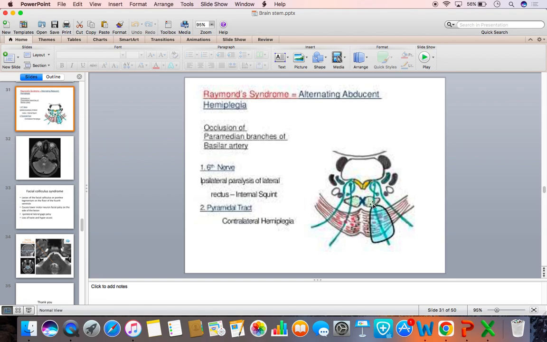So in this particular area, it results in Raymond syndrome, manifesting as contralateral spastic hemiplegia with ipsilateral sixth nerve palsy. In Millard-Gubler syndrome, it involves the facial nerve also. That results in contralateral spastic hemiplegia with ipsilateral sixth and seventh nerve palsies. Okay, is it clear?